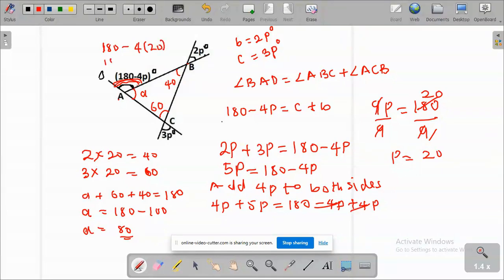So 180 minus 80 gives 100. Then if you look at this one, this is a straight line, so it means 100 plus a will give 180, because it's the sum of angles on a straight line. And if you do that, you will also arrive at a being 80 degrees. This is another way you can also handle it.